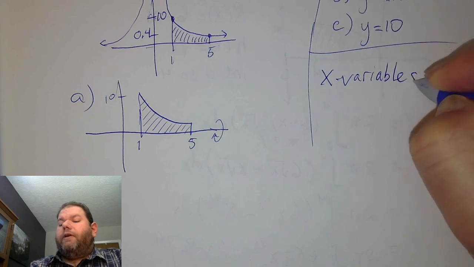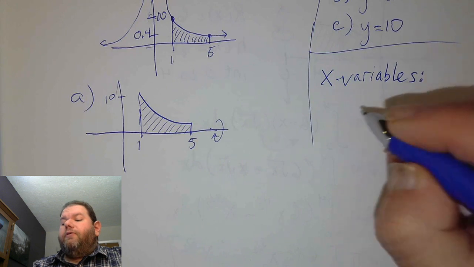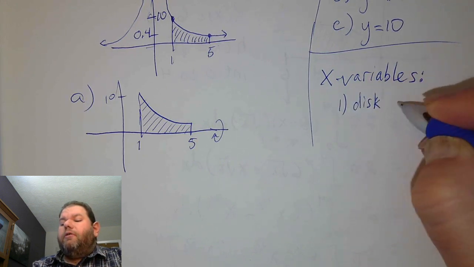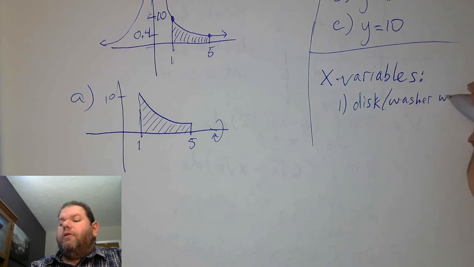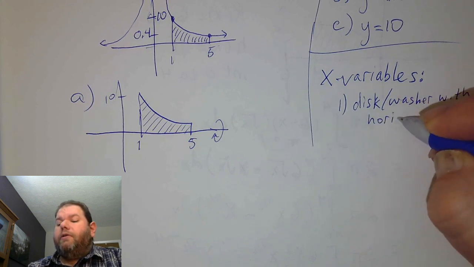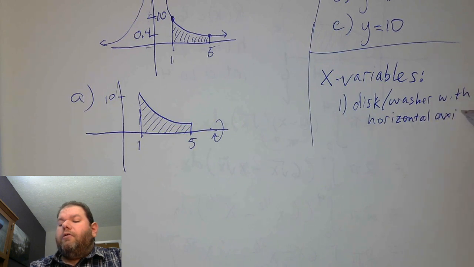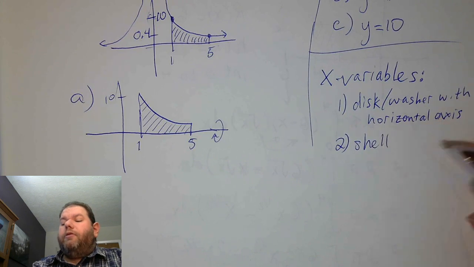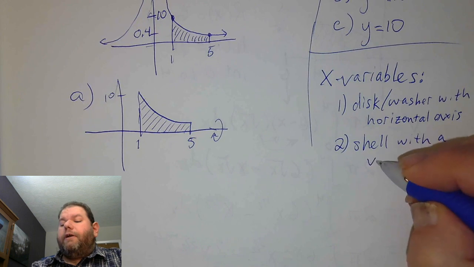If we want to use x variables, then we use 1, a disk or washer method with a horizontal axis, or 2, we use a shell method with a vertical axis.